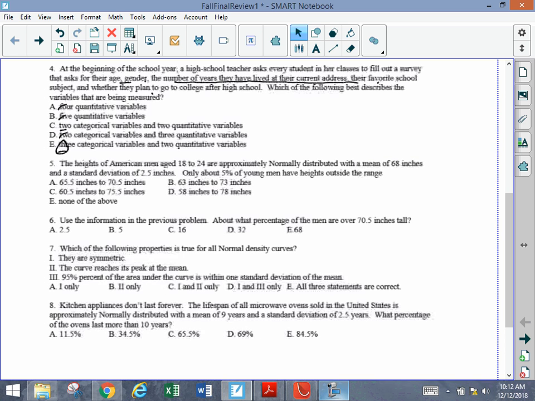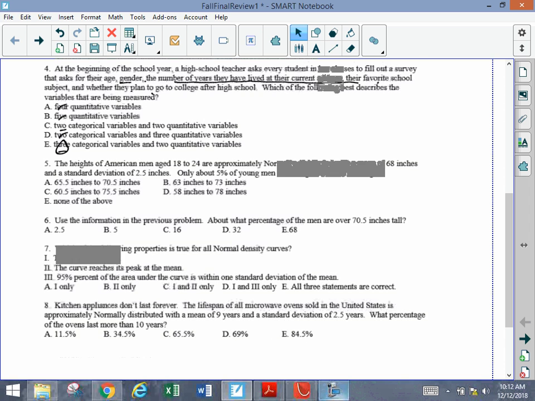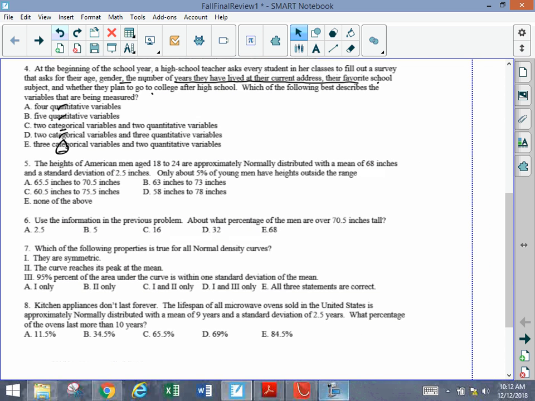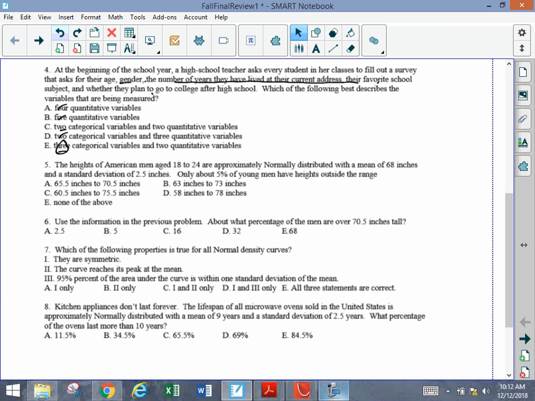That's not what I want to do. That's not what I want to do either. And so we'll just select this. Oh, I'll just have to go 68, 2.5. Let's figure out where 5% is.